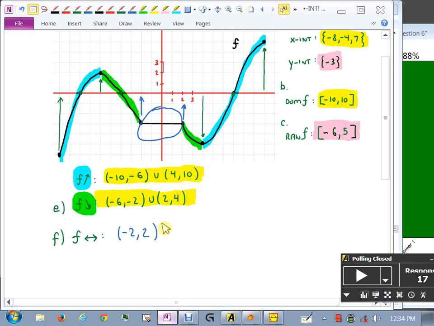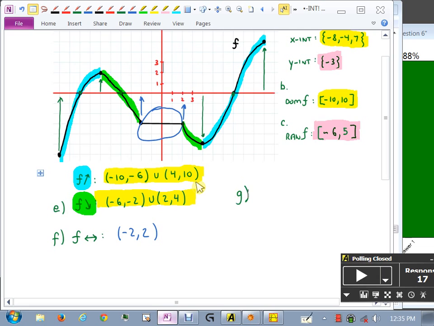Almost done. Part G, we want to know what the local maximums and minimums are. So here's what I recommend. For all these max and min problems, write them as points, like ordered pairs, the x and y coordinate together in parentheses.